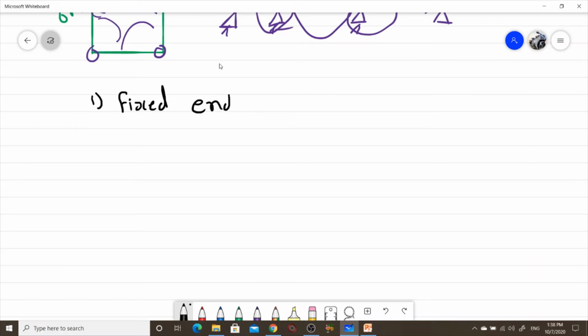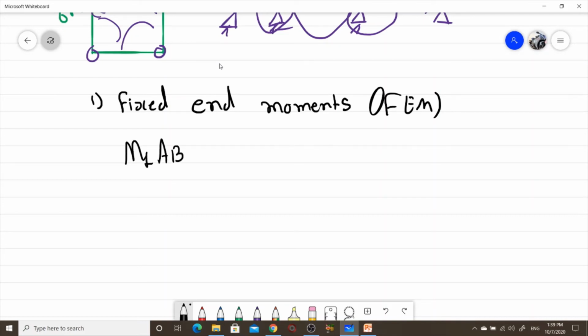For the fixed end moment with a UDL load, MFAB is minus PL square divided by 12.